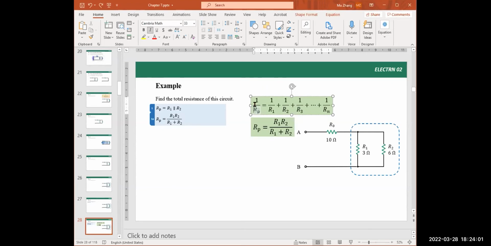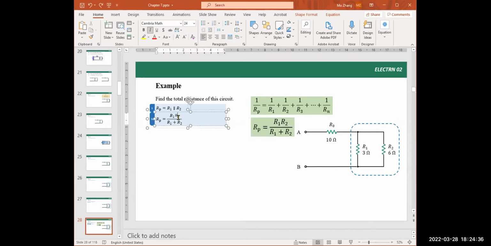The first equation, in the top green box, is the general formula, applied for n resistors connected in parallel. But here we have only two resistors in parallel, so we can use the shortcut formula, the second one. It's easier: just plug in the numbers, run the calculation, and we get a result. Easy peasy.